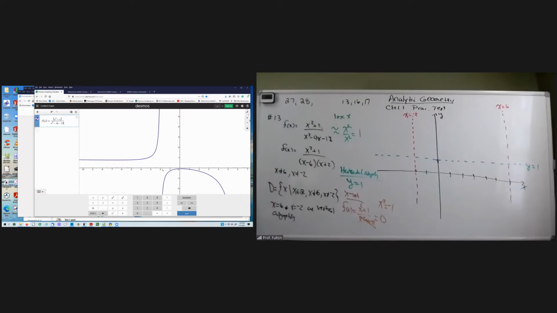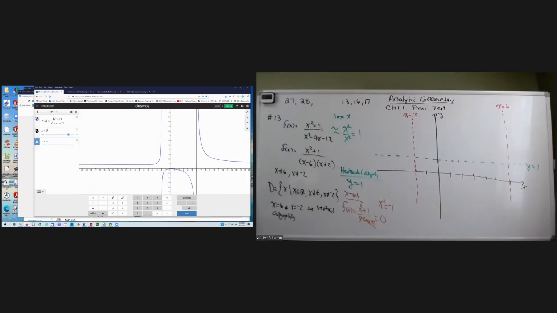Let me zoom out a little bit so we can see what's happening. I put in these other values that I talked about: my x equal to 6, my x equal to negative 2, and my y equal to 1. Let's turn these around and graph that, but I want to change the colors and give them some dashed lines. So just make this a red one with little dots.